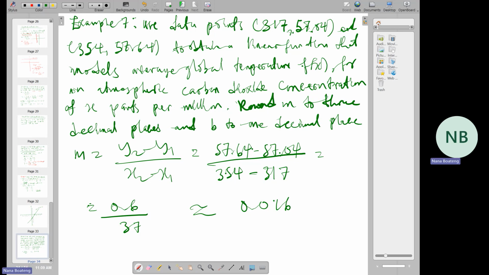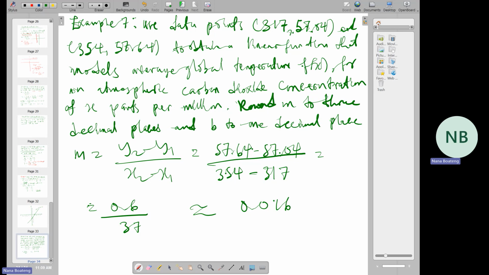All right, so y minus 57.64 is equal to 0.016x, and 0.016 times 354 is 5.664.